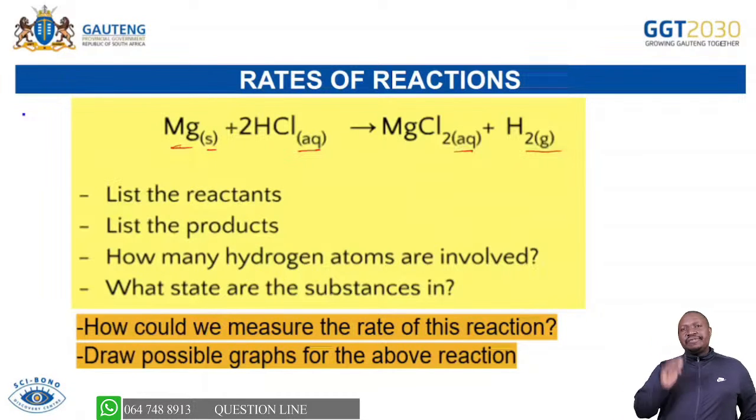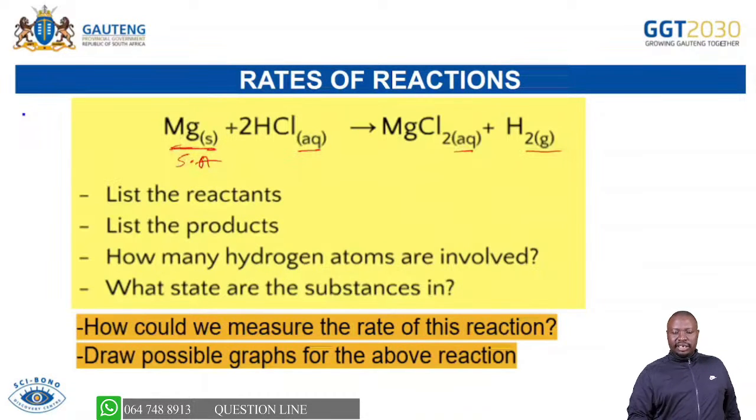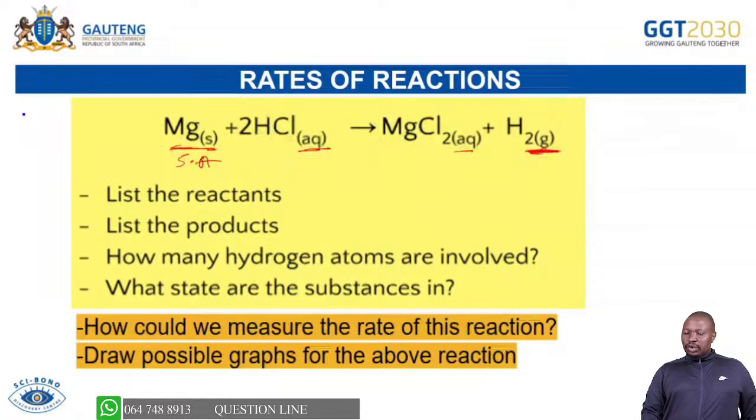Why? Because these factors affect them. For solids, we're talking about surface area, so we would increase the surface area of magnesium. If we were to increase concentration, we'll increase the concentration of the aqueous solution. Increasing or decreasing pressure affects gases. So you are able to know which factor will affect which one. And the question is saying now, how could we measure the rate of this reaction?